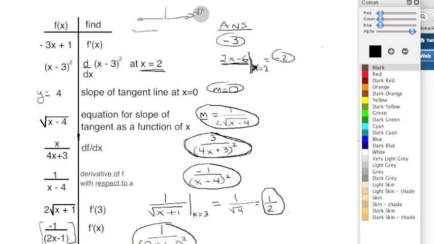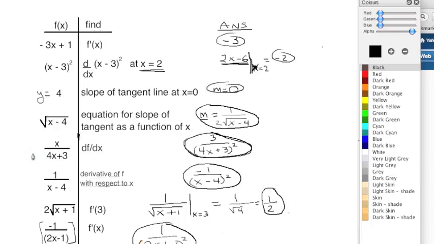The square root of x minus 4, I want the equation for slope of tangent as a function of x, and here I wrote m is equal to 1 over 2 root x minus 4. And if you did not get this, most likely you did not multiply correctly by the conjugate.